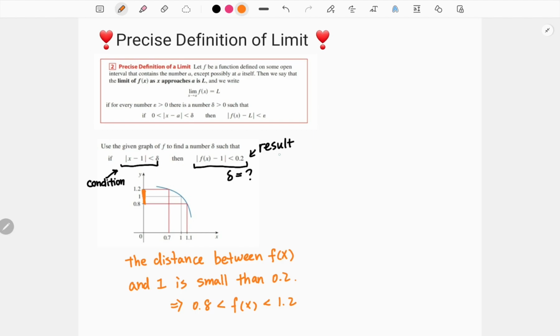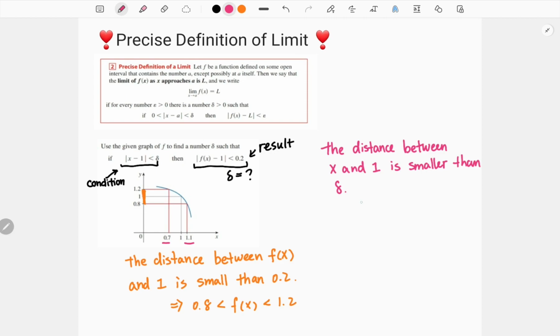Okay, so now we know our result. What condition do we have to have so that the result is satisfied? Let's look at the one on the left. This condition is the distance between x and 1 is smaller than delta. If we look at the graph, at y equals 1.2, we have x equal to 0.7, and at y equal to 0.8, we have x equal to 1.1.